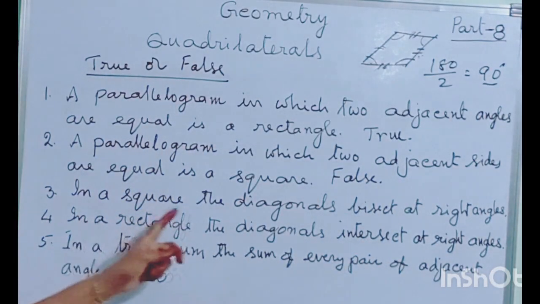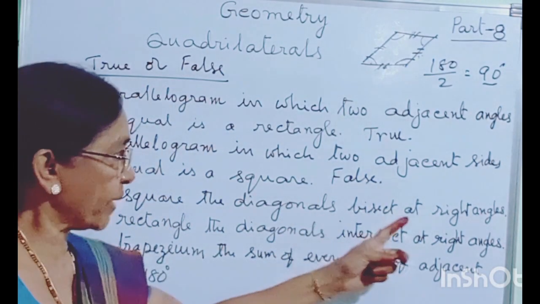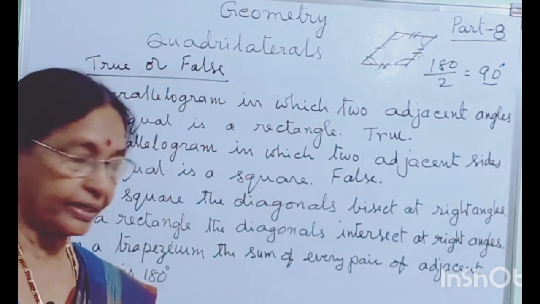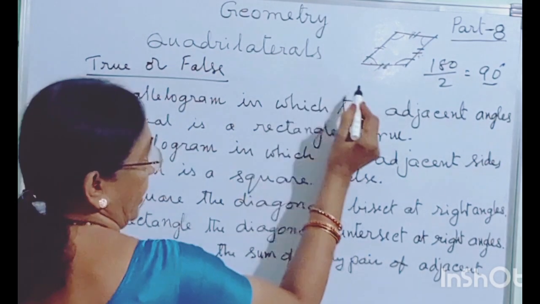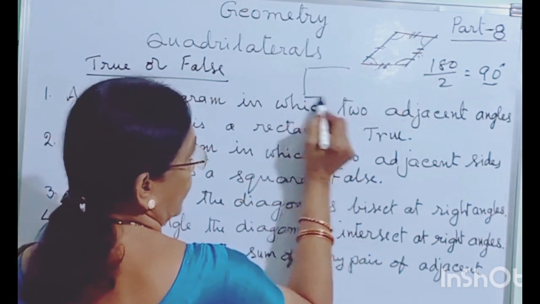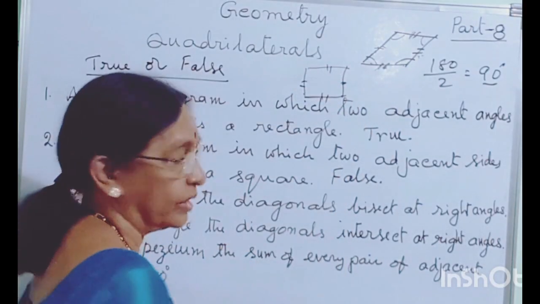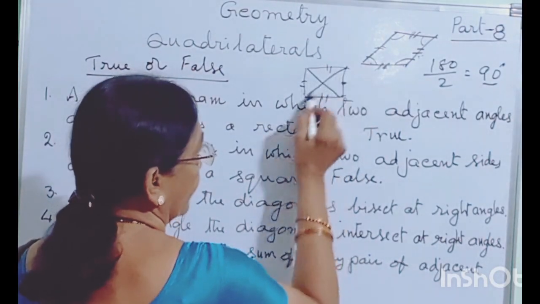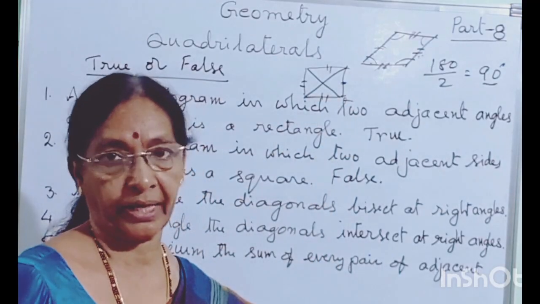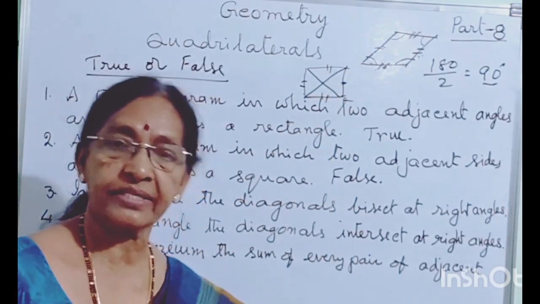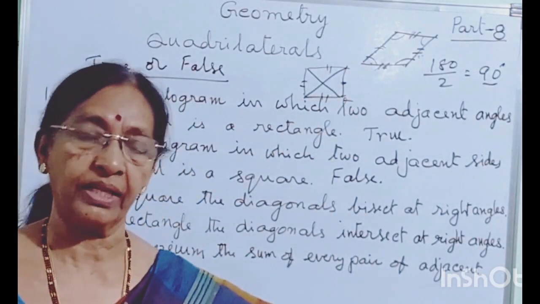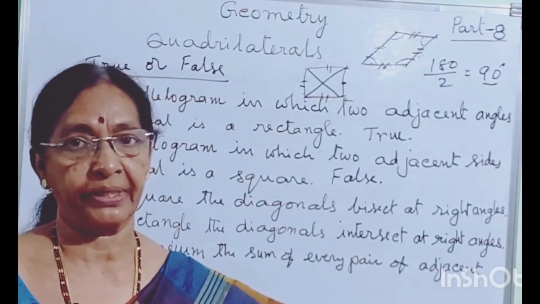Next one, third one. In a square, the diagonals bisect at right angles. In a square, this is the square. Four sides are equal. All the sides are equal. So, then the diagonals are equal and they bisect perpendicularly. When four sides of a quadrilateral are equal, the diagonals bisect perpendicularly.